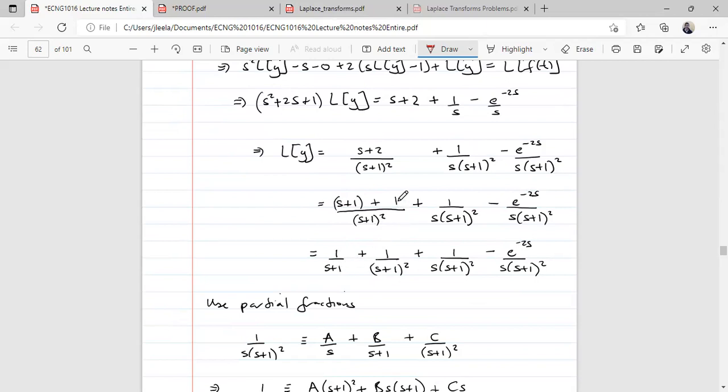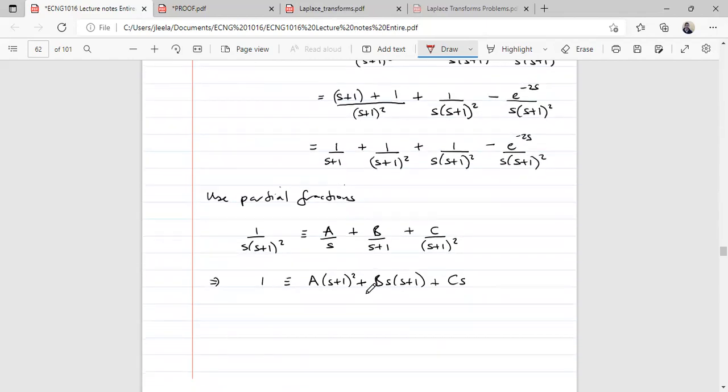And then you'll have 1 over s plus 1 squared, plus 1 over s into s plus 1 squared, minus e to the minus 2s over s into s plus 1 squared. So now we want to use partial fractions here.